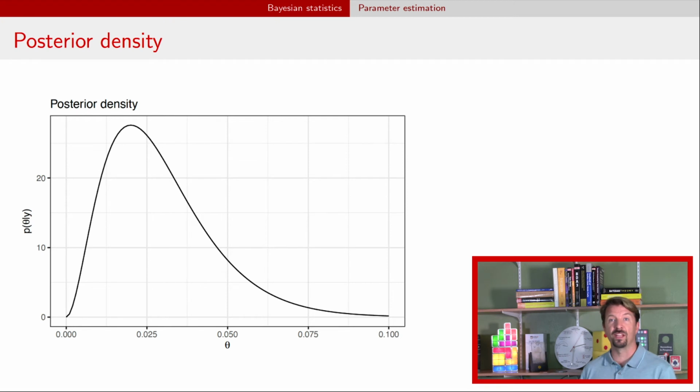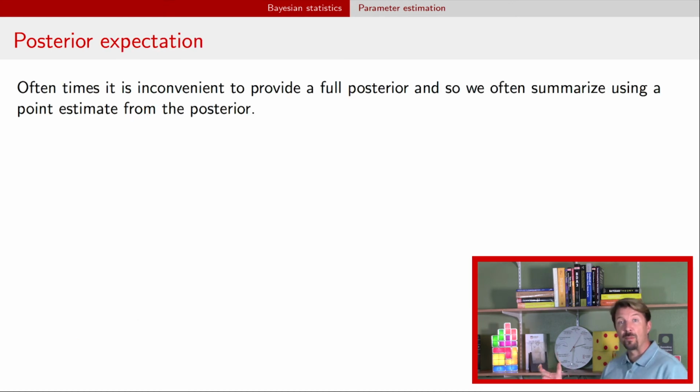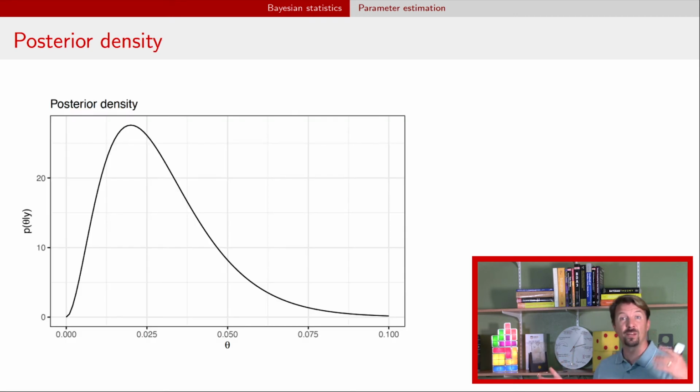Here we can see this beta distribution has most of its support right around 0.02, which was the actual proportion of sensors that were below the threshold that we observed. Okay, so that's the answer as far as the Bayesian is concerned. That's the posterior density, that's your objective.